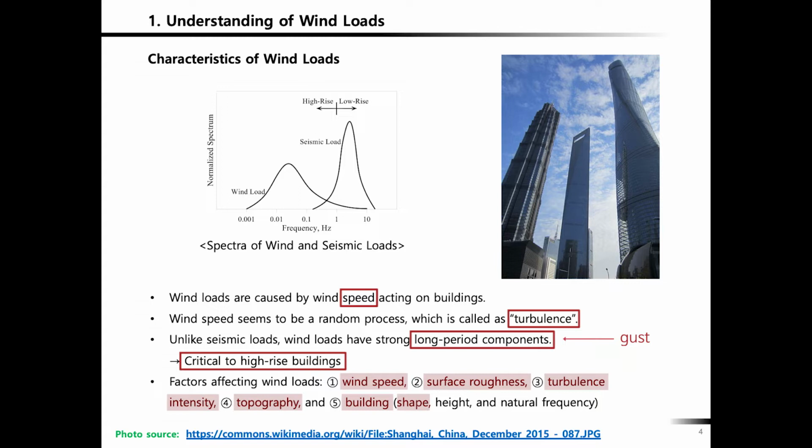And if you have a taller building, of course, that's related to aerodynamics, and also structural dynamics, because the natural frequency is related to that height. So the natural period is heavily related to the height of the building. So these are the components that affect the total wind loads.